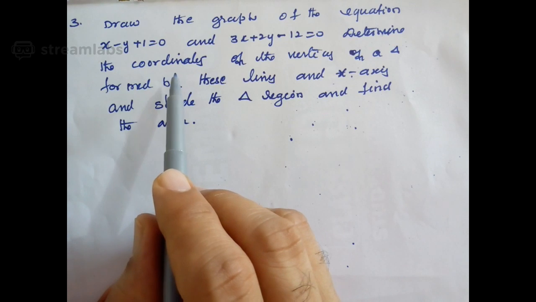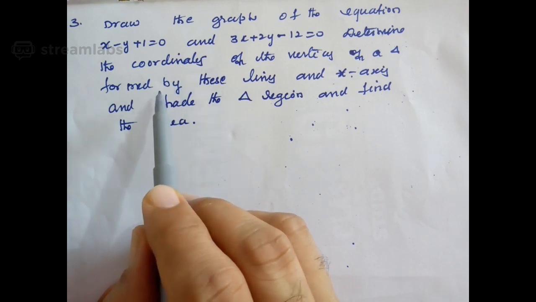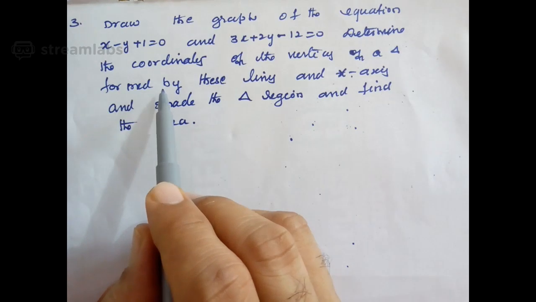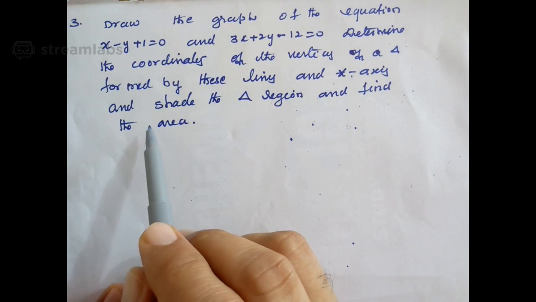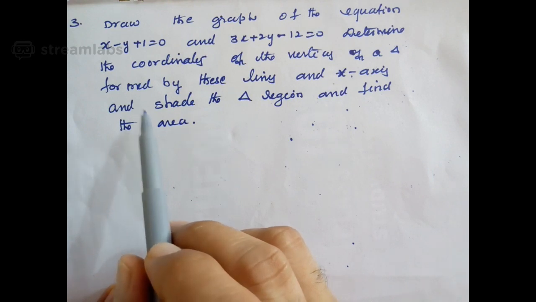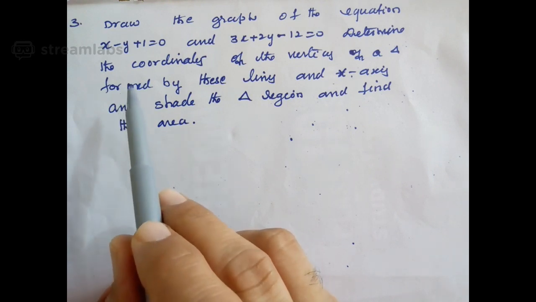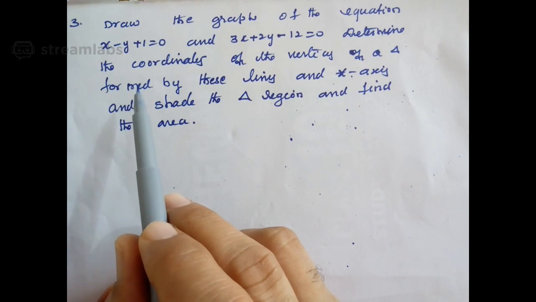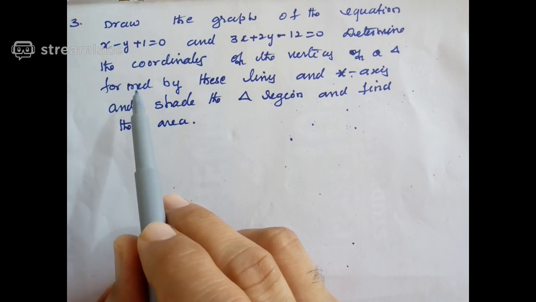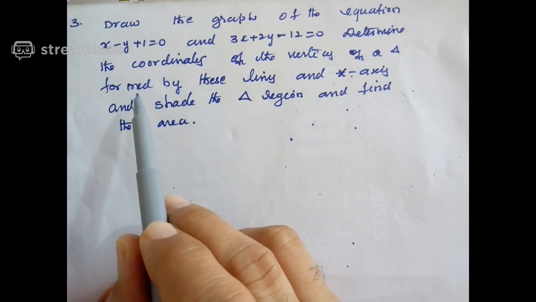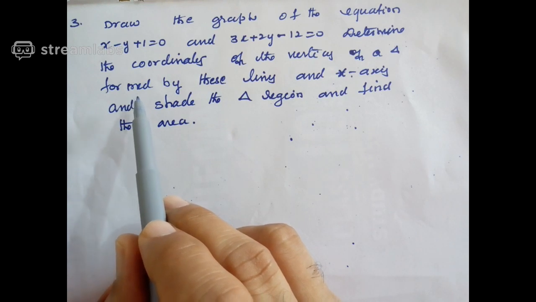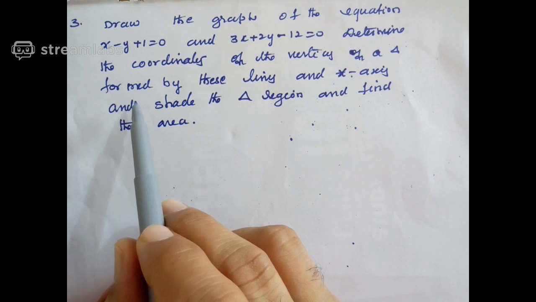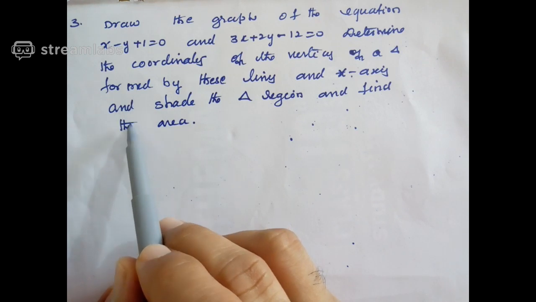Determine the coordinates of the vertices of the triangle formed by these lines and the x-axis, shade the triangular region and find the area.